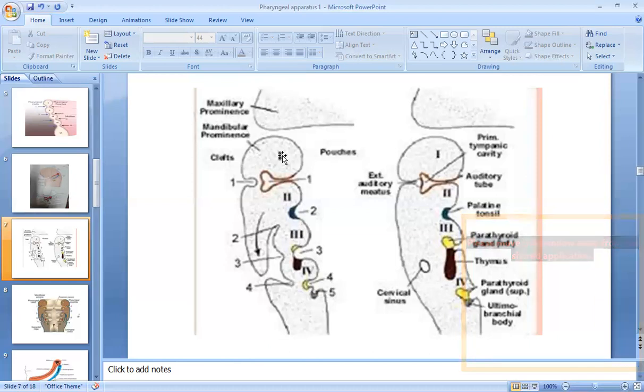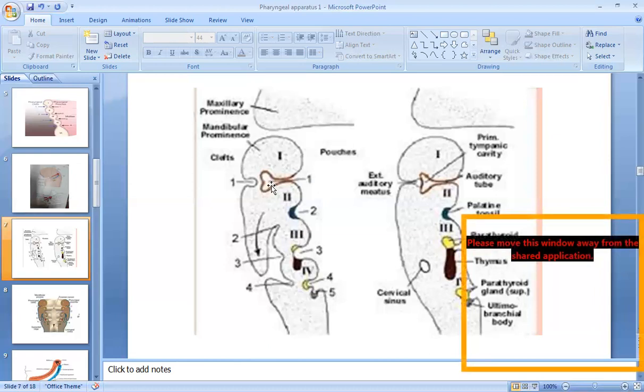Similarly, if you concentrate on this diagram, you can clearly see that here it is written 1, and it has gone inside, and this is called the first pharyngeal pouch. From the mouth cavity, it has gone inside and made a pouch.